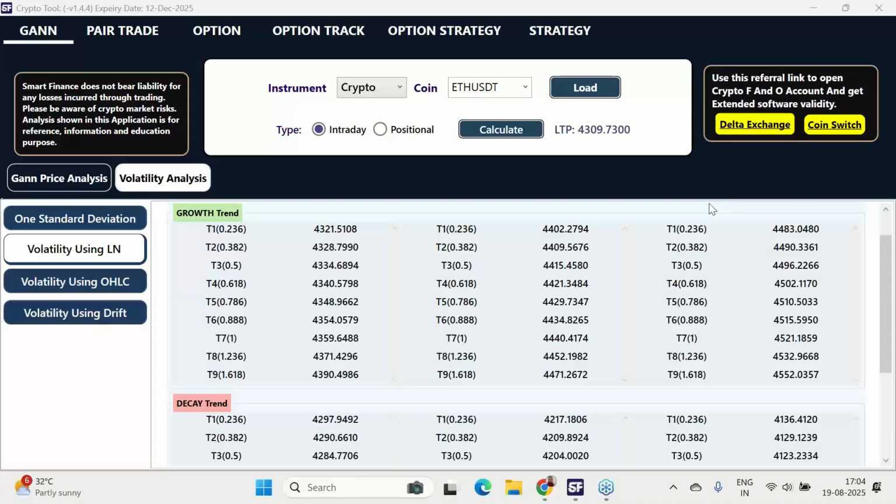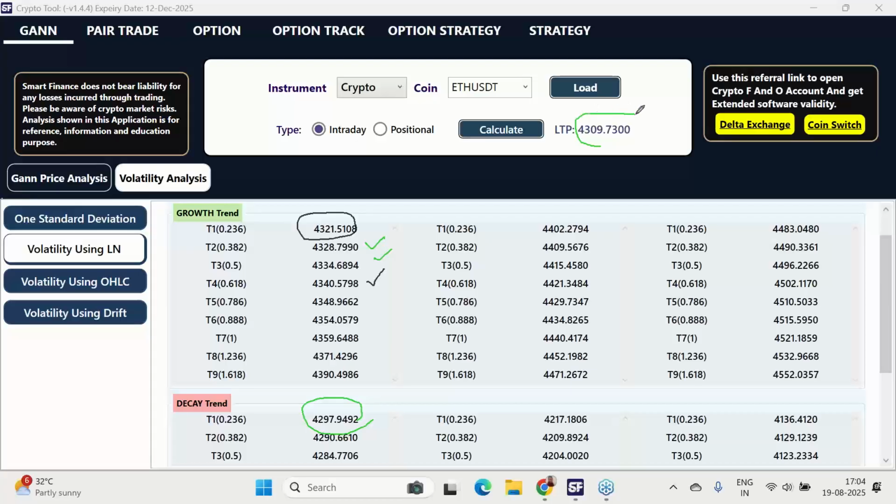This is telling me once the price goes above 4321, it can go for the 4340 level. In between, these are the targets, and this will be your stop loss for the up move.